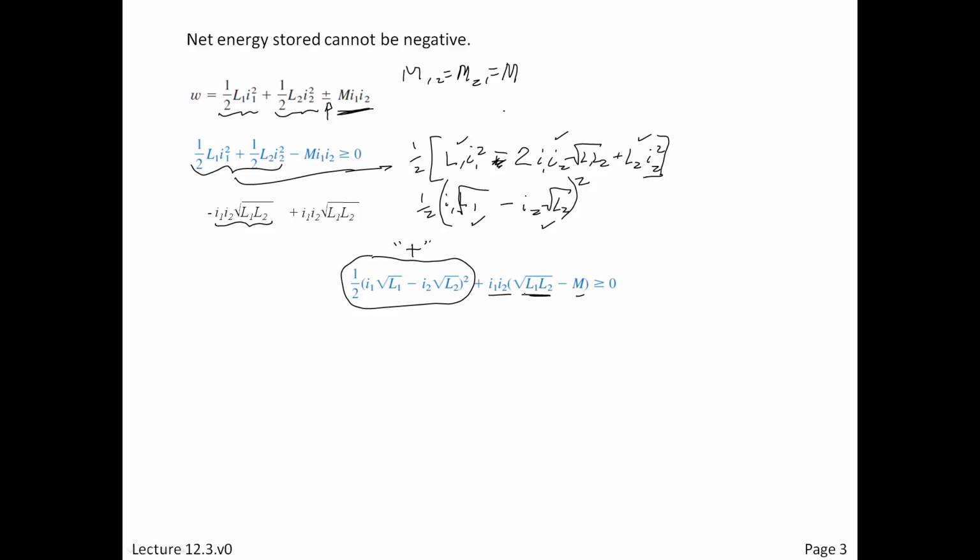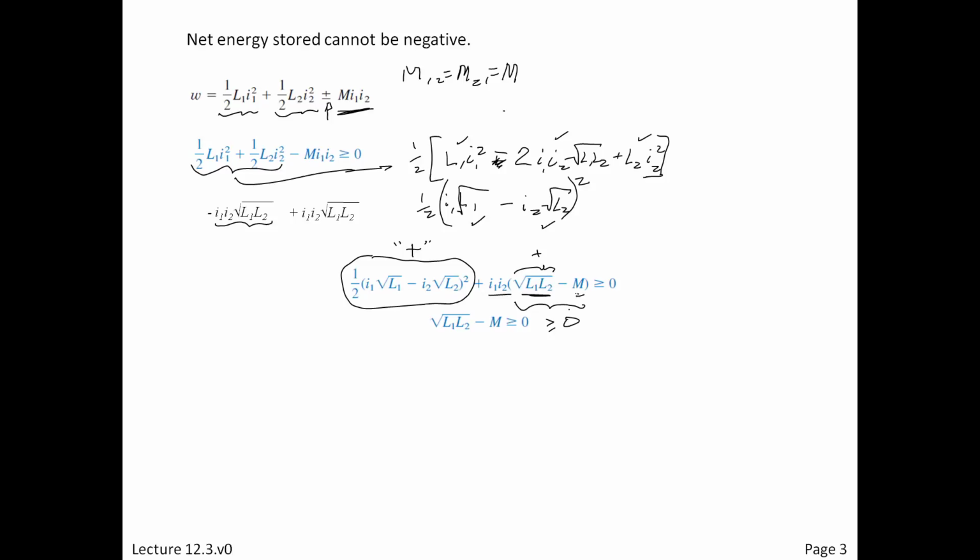All we need to worry about, this part is always positive. What we really need to worry about is this m guy. And in fact, what it comes down to is this term needs to be greater than or equal to 0. Okay? That is the name of the game. And so we express that. Here we are with that expressed. Just got to keep that thing greater than or equal to 0.